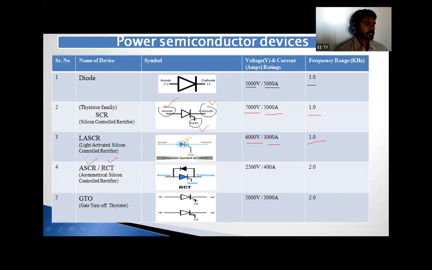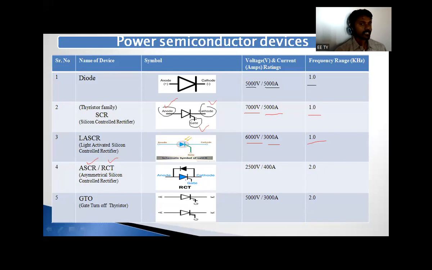ASCR or RCT. ASCR means asymmetrical silicon controlled rectifier, and RCT means reverse conducting thyristor. Reverse conducting thyristor, because it can conduct in reverse also. Why will it conduct in reverse?